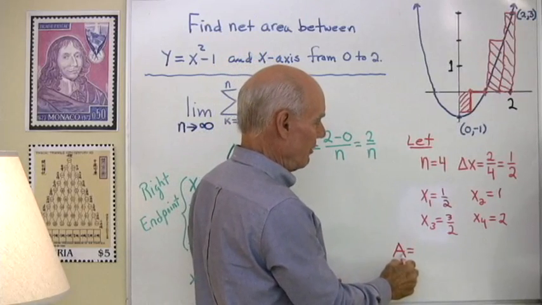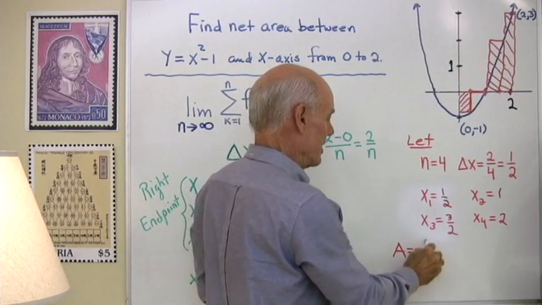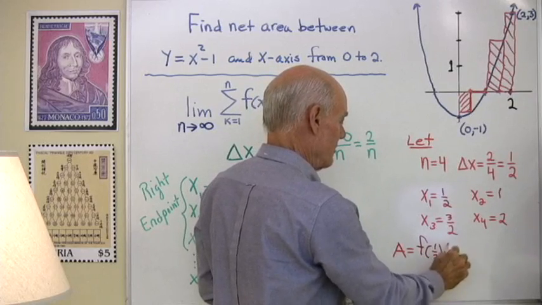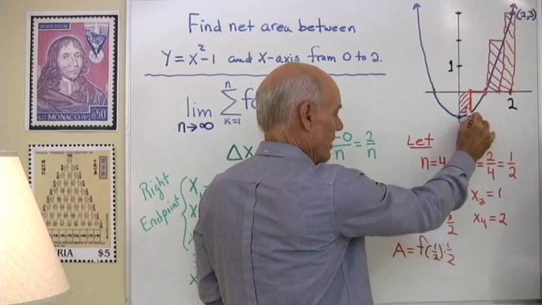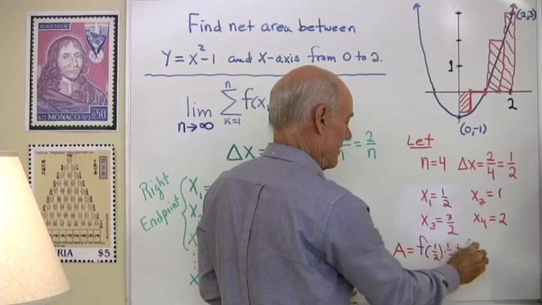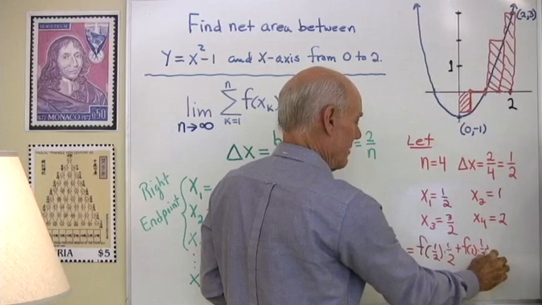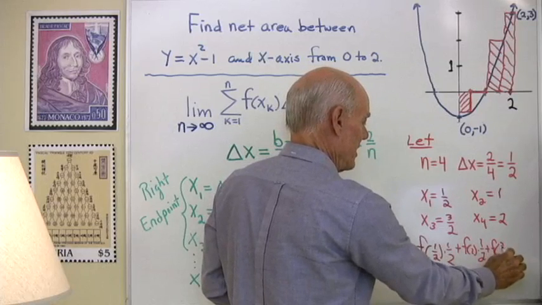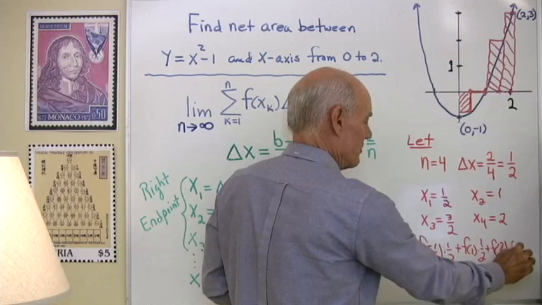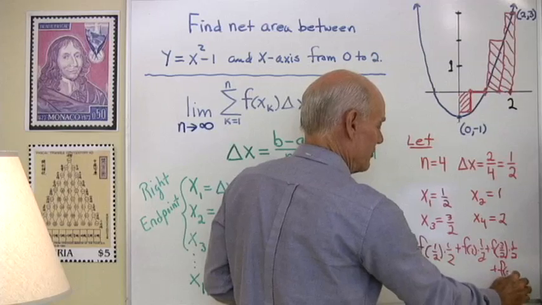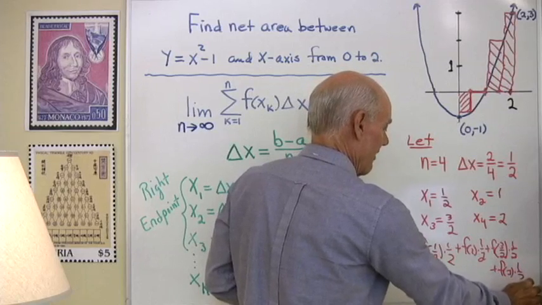So for the total area under this curve, I'm going to have f of 1/2 times 1/2, plus f of 1 times 1/2, plus f of 3/2 times 1/2, and then plus f of 2 times 1/2.